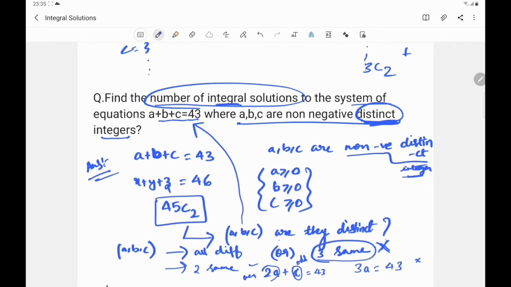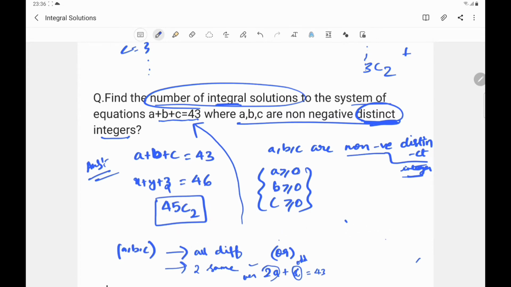Now a is greater than or equal to 0, so we will start with 2a plus c equals 43.